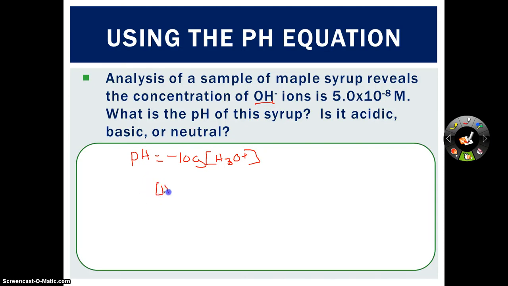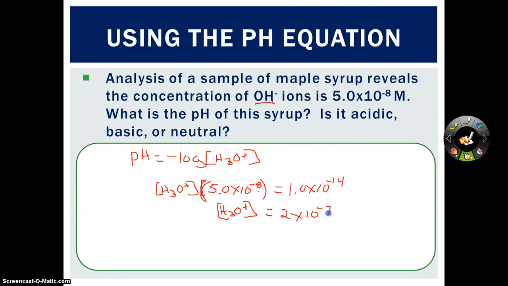So hydronium ion concentration is what I'm looking for, times hydroxide ion concentration, which I'm given, is equal to Kw, which is always 1.0 times 10 to the negative 14. So divide both sides by 5.0 times 10 to the negative 8. I get hydronium ion concentration is equal to 2 times 10 to the negative 7.